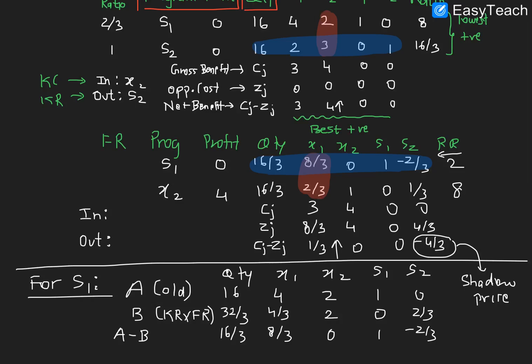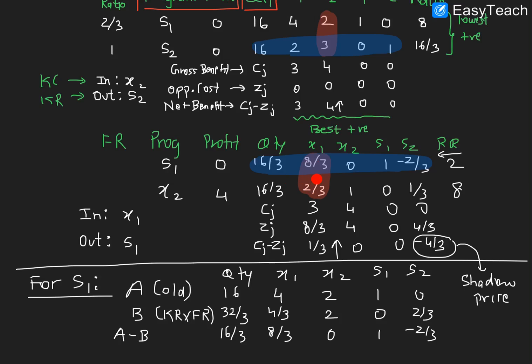What is the incoming variable? What is the outgoing variable? As we know, incoming variable is always the x1 or the key column. So incoming is x1, outgoing is s1, because this is the key row. Accordingly, we'll also have to compute the fixed ratio.